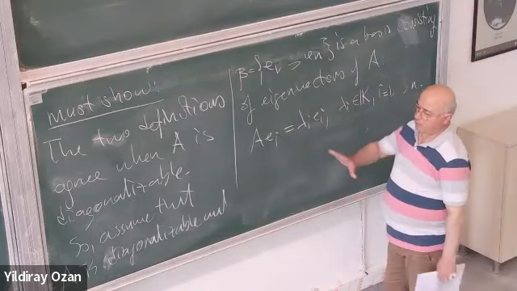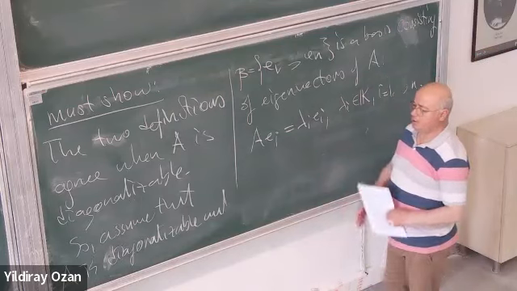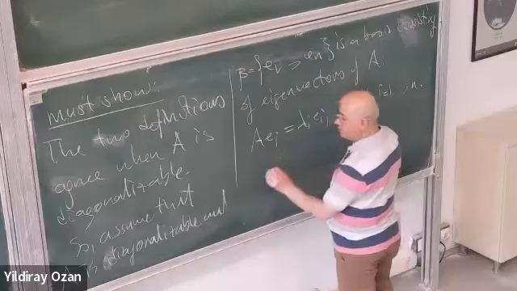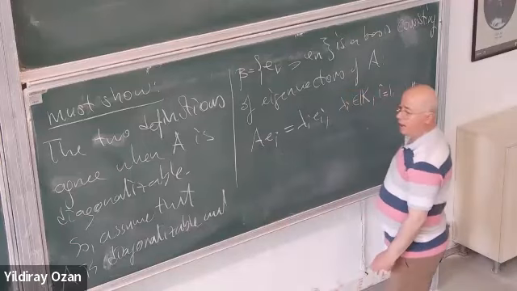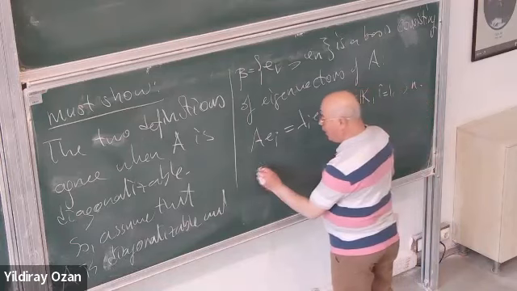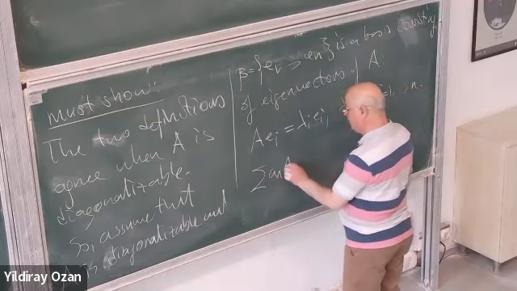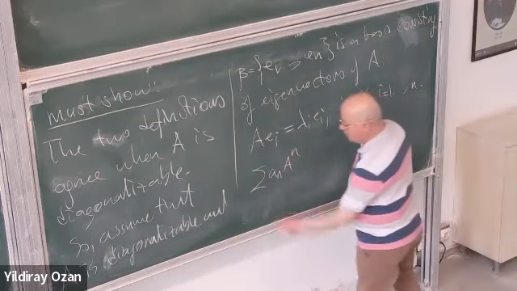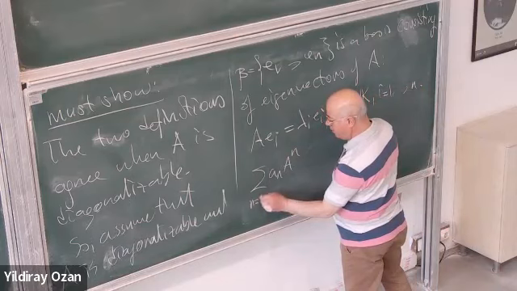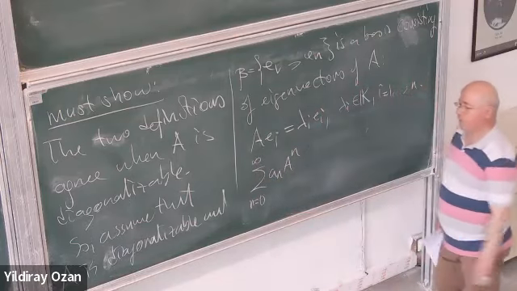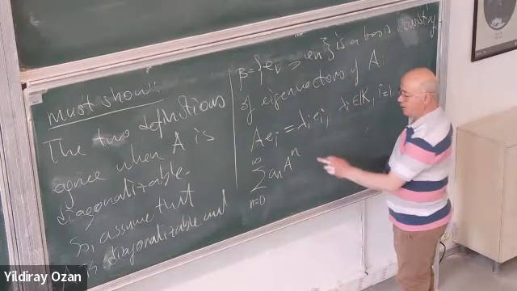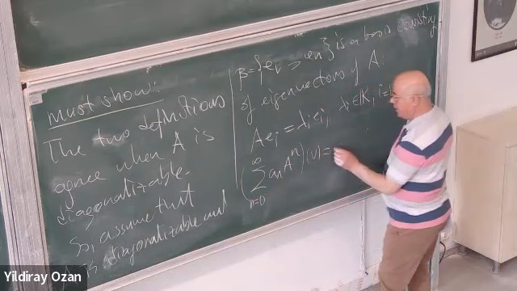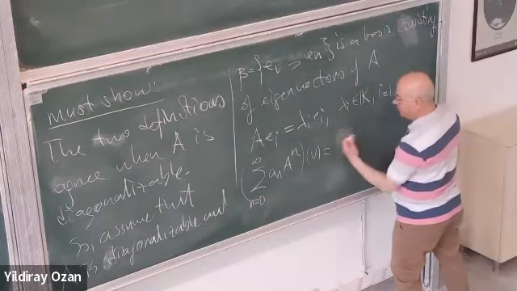Okay. Now we have to show that the two definitions are the same. According to the second definition, our operator is defined to be like this, the sum from 0 up to infinity. I have to show that this gadget on any vector is the same as the first one.